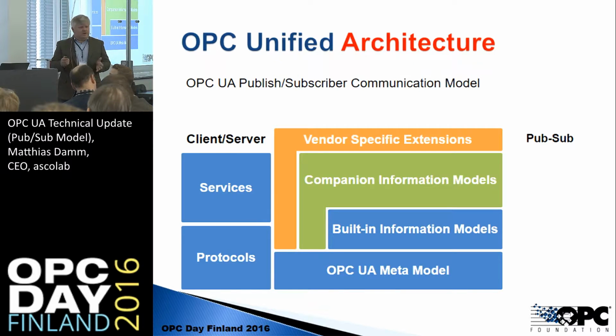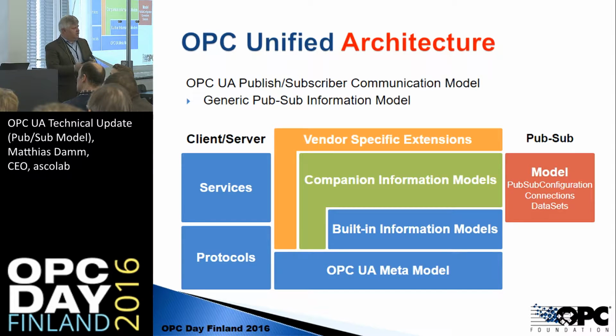So what we are working on is to extend this picture with a publish-subscribe communication model in addition to the client-server model. And we want to follow a similar concept like for client-server. The general concepts and the mapping to OPC UA information is done in an abstract model that is independent of the transport protocols.